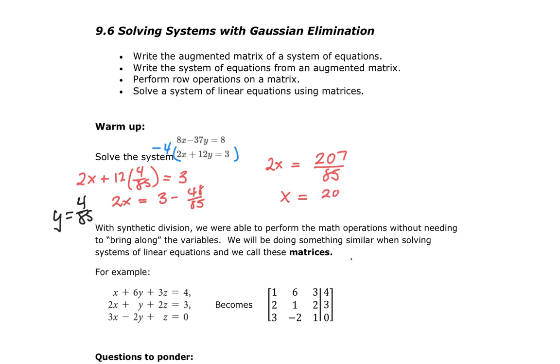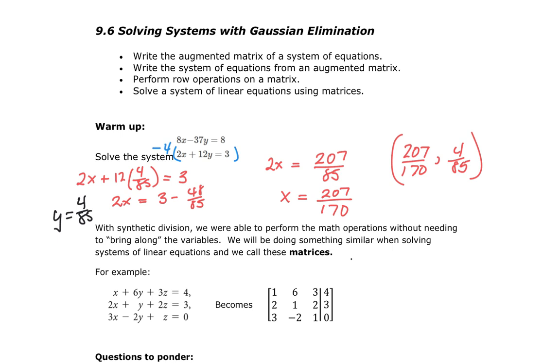So I'm going to get 207 over 85 times 2, which is 170. So my answer is 207 over 170, comma, 4 over 85, which obviously are not integers. So I couldn't have done this by graphing anyways. I could have done substitution, but I would have had to deal with fractions. I chose elimination, and I still ended up with fractions.